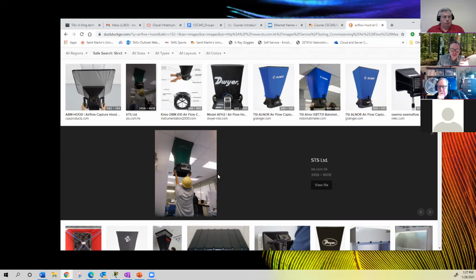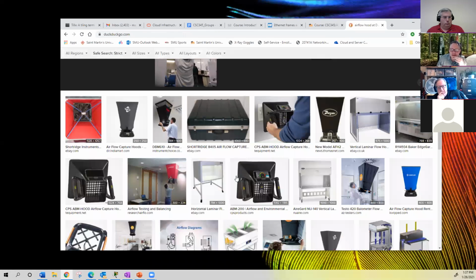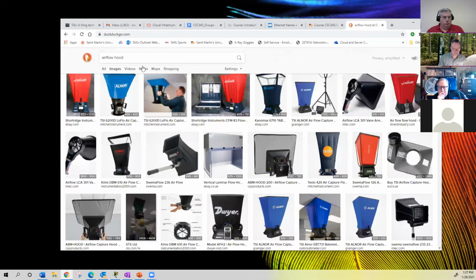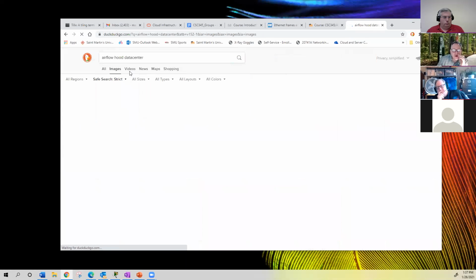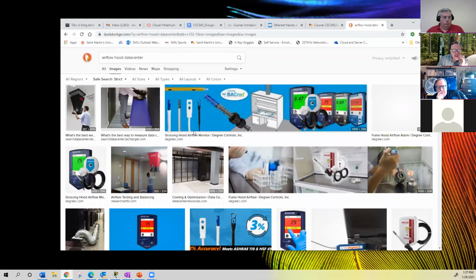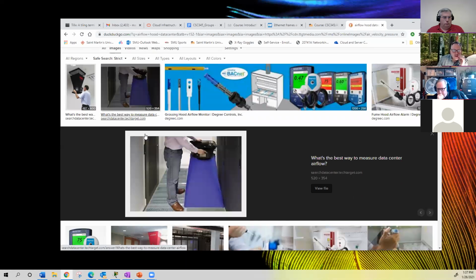Okay, well, if you flip it and you put it straight down, you can also test the airflow in a data center. So these flow hoods, they call them. Then you flip it there and you stick it on a perforated tile in front of the server cabinet, and you then check, and it gives you the cubic feet per minute of airflow.